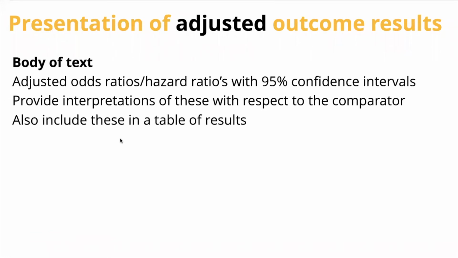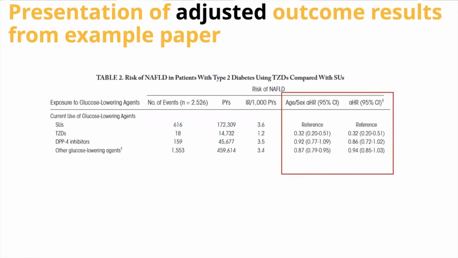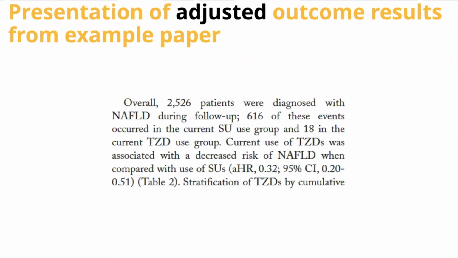So I was talking about the fact that TZDs are associated with a decreased risk of liver disease compared to those using sulfonylureas. And this is because the hazard ratio is less than 1, and the confidence interval doesn't cover or include the null, which is 1. And you also want to include these in a table of results, which I already showed you. Okay, I copied it there and there. Very good.